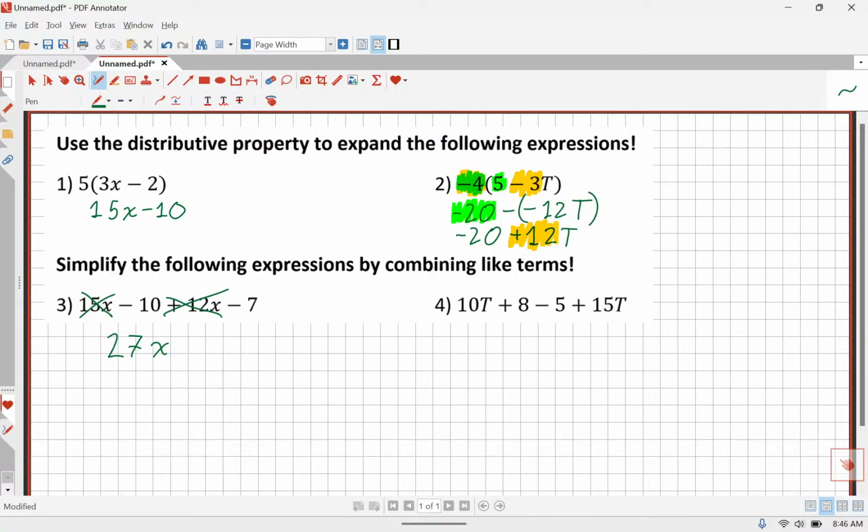Now let's pretend that those were never there. Can you read out loud what's left? Negative 10 minus 7. Say the first way. Negative 10 minus 7. Yeah, if I wrote that out like that and just had negative 10 and that sign and 7, you would assume it meant negative 10 minus 7, because that's really what it is.